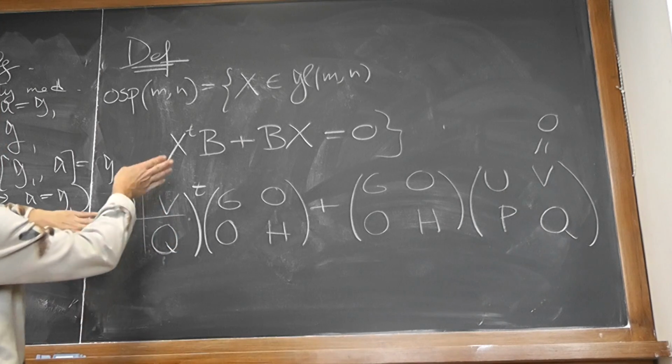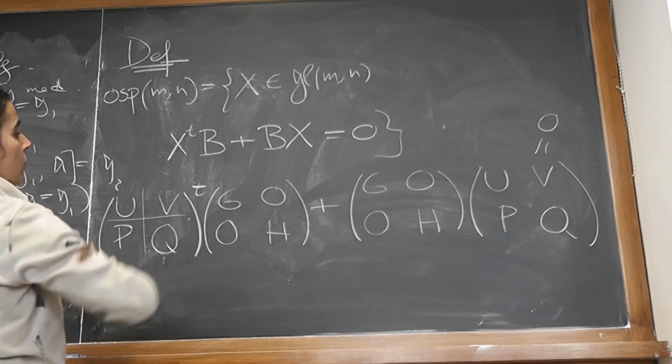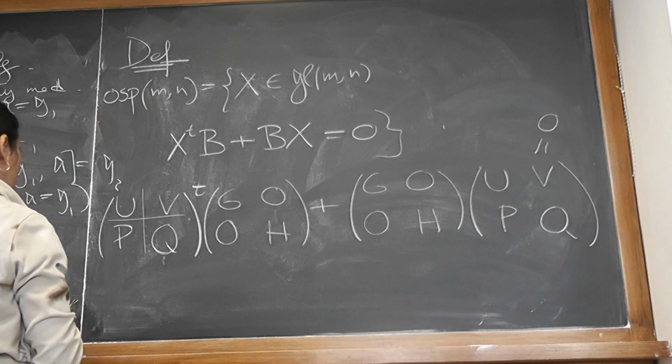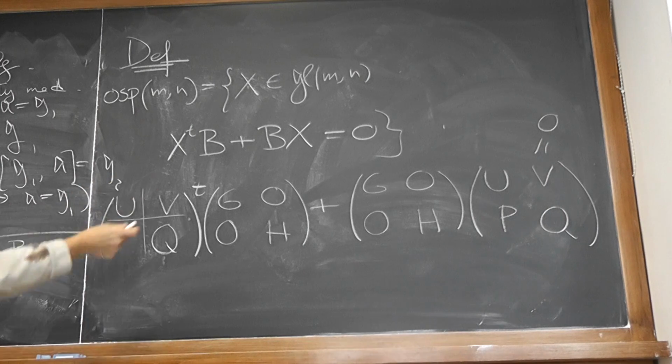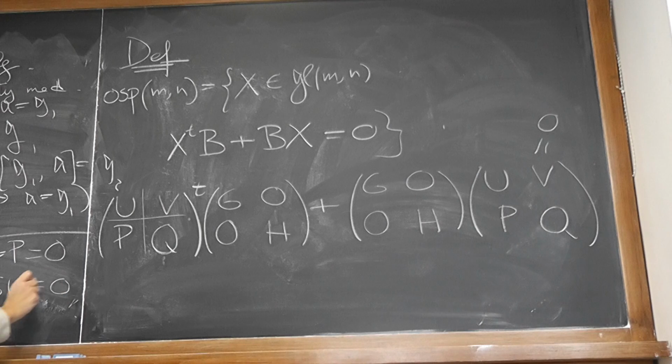Because if V and P are 0, this will read as U transpose G plus G U equals 0, and the other should read Q transpose H plus H Q equals 0.